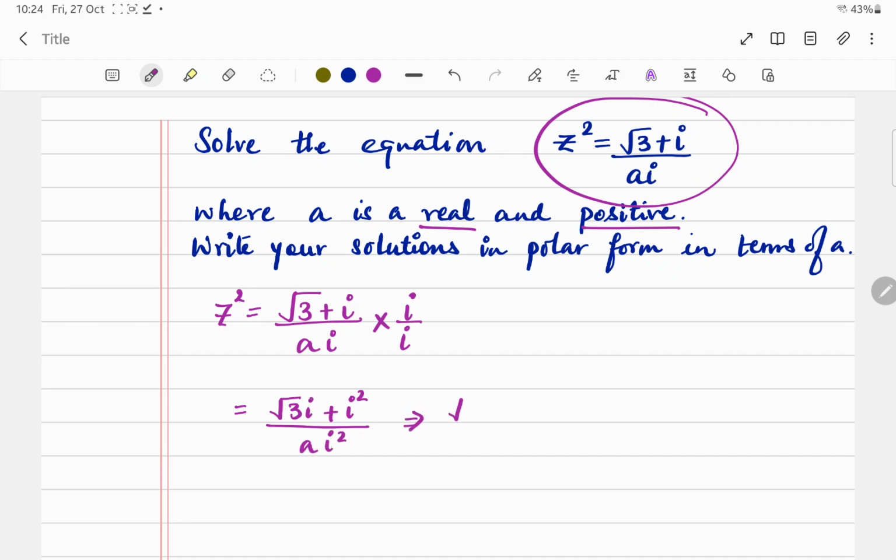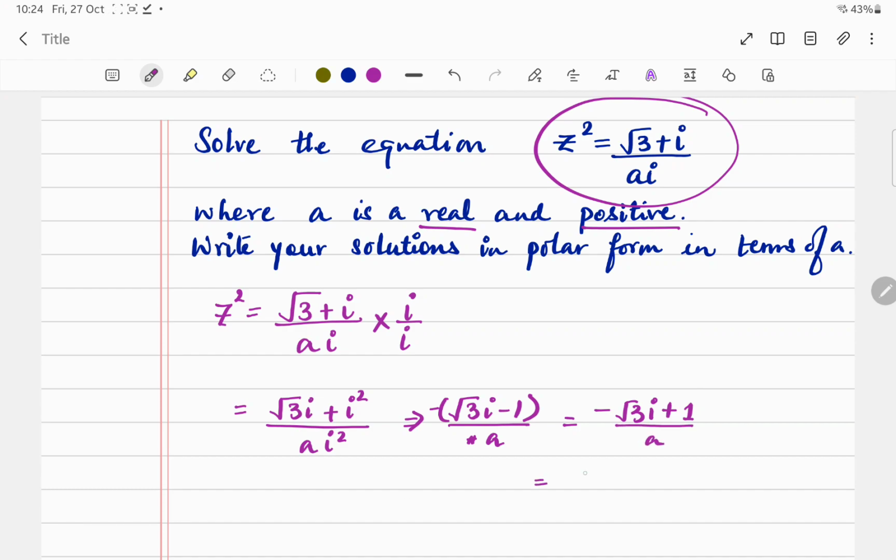That will give me root 3 i minus 1 over A minus 1, is going to be minus i. If I simplify this further, I'll move this minus sign up here, and I will have minus root 3 i plus 1 over A.